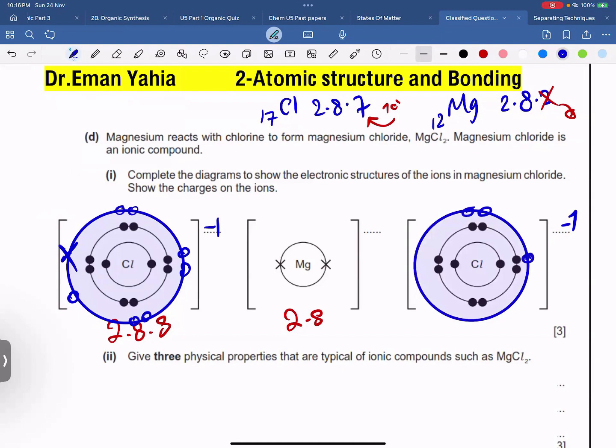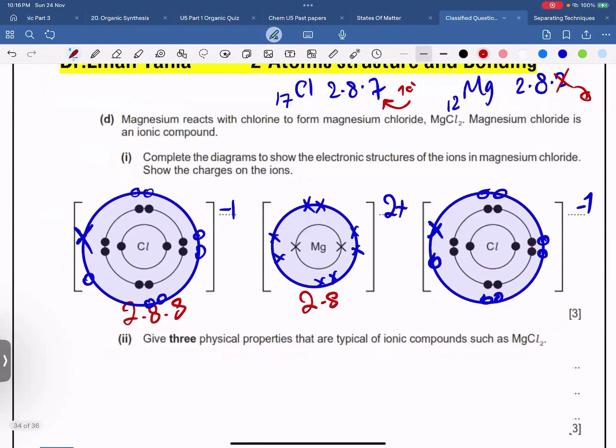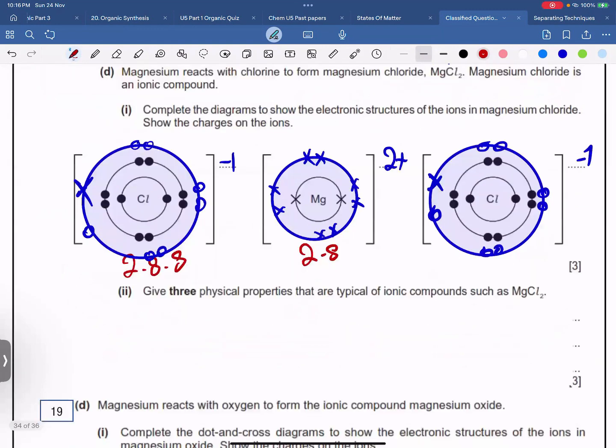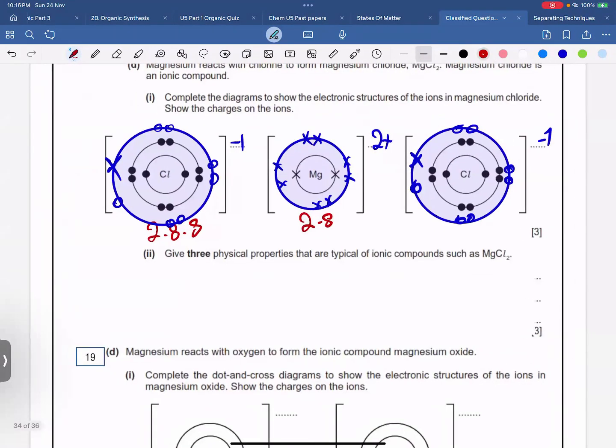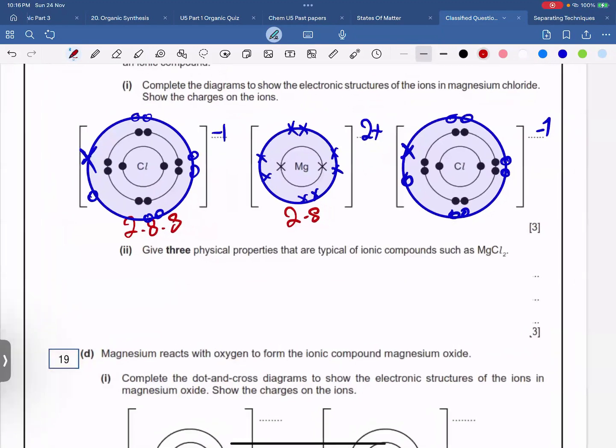So 1, 2, 3, 4, 5, 6, 7, and 1 cross accepted from magnesium. Magnesium now holds 2 shells only. So 1, 2, 3, 4, 5, 6, 7, and 8, and carries +2.